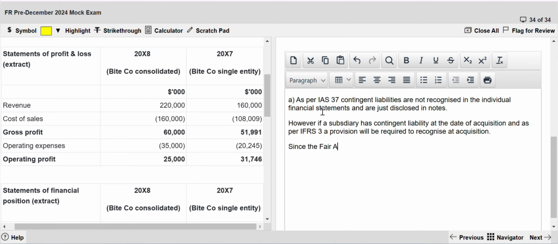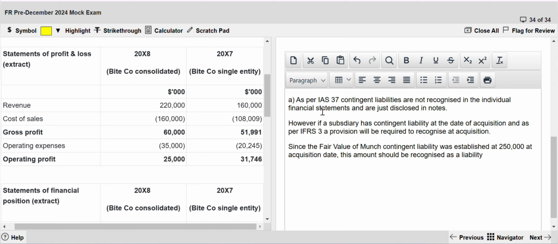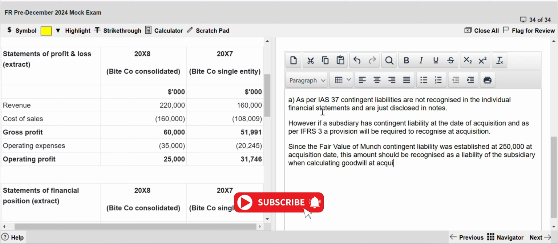Since the fair value of Munch's contingent liability was established at $250,000 at the acquisition date, this amount should be recognized as a liability of the subsidiary when calculating goodwill at acquisition.